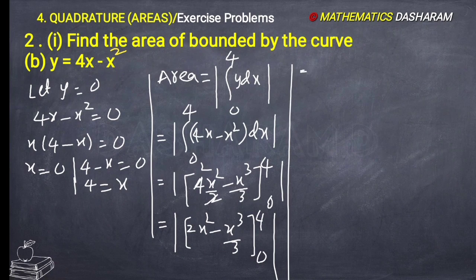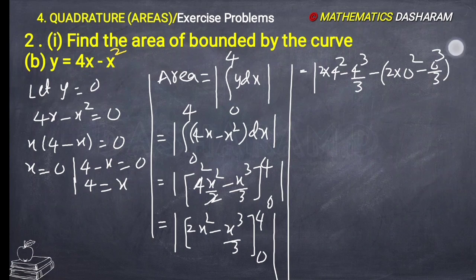Next it is equals to mod, substitute the upper limit, 2 into 4 square minus 4 cube divided by 3, minus, take the bracket, 2 into 0 square minus 0 cube by 3. So it is equals to mod, 4 square 16, 16 twos are 32, minus 4 cube is 64 by 3, and this total answer is 0.